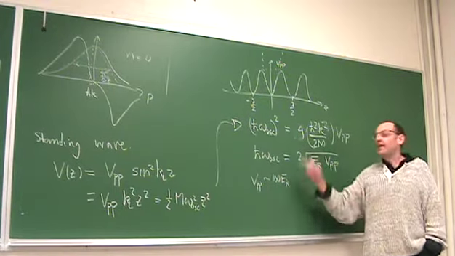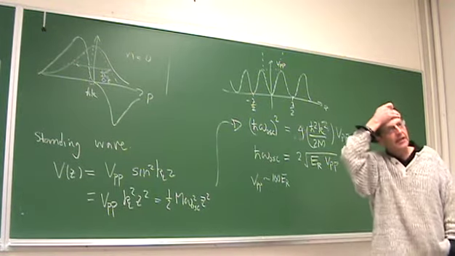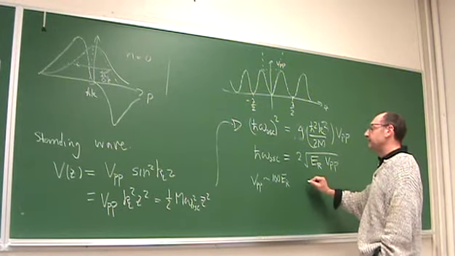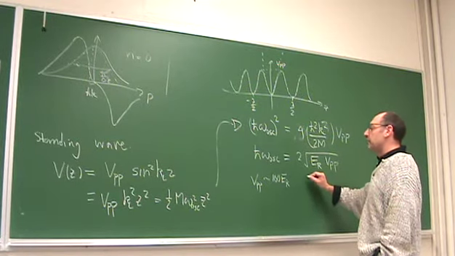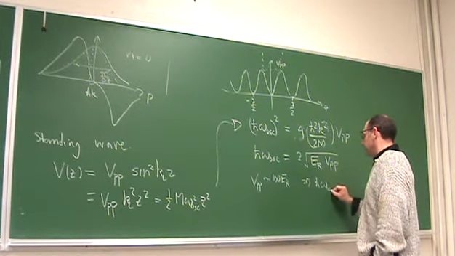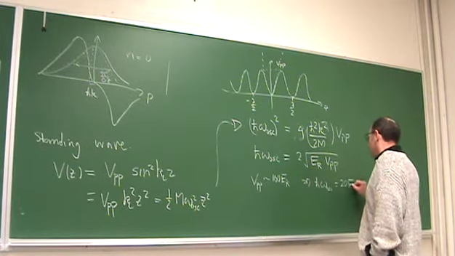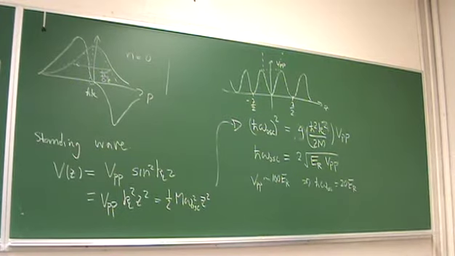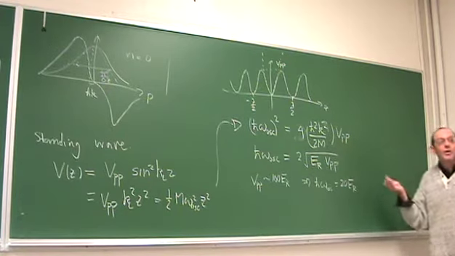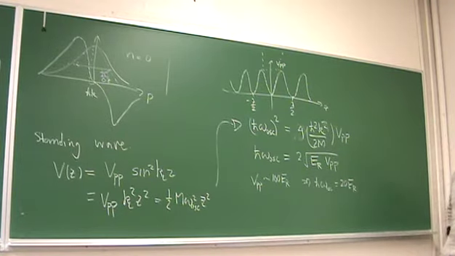So if I had a 100 recoil deep lattice, then my h bar omega is 20 recoils. How big is the recoil energy? Well, it depends on the atom, because it depends on the mass of the atom. I know what it is for cesium, because that's the atom I've always worked with, and that's 2 kilohertz.